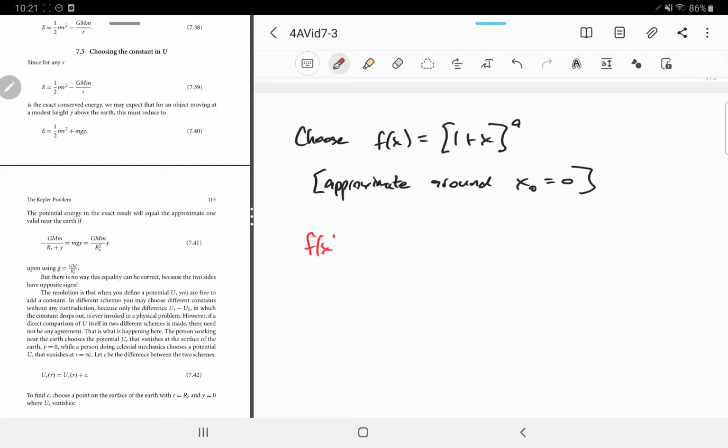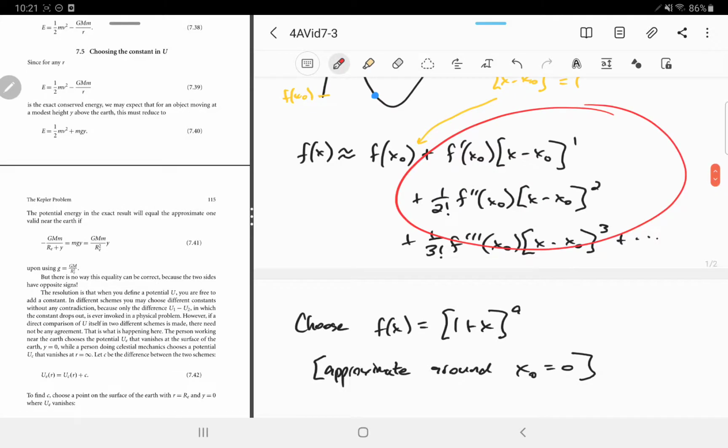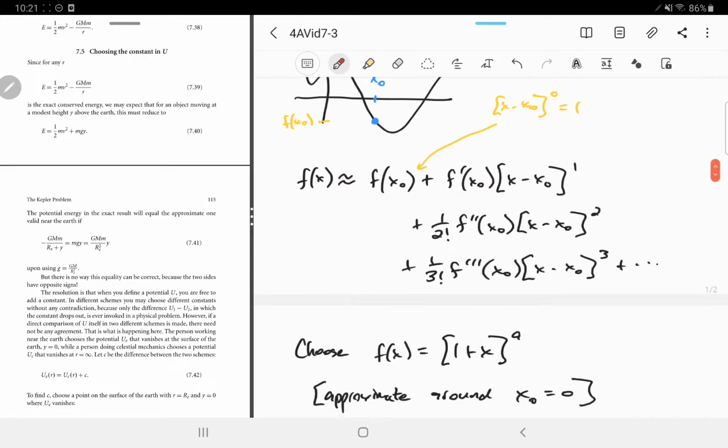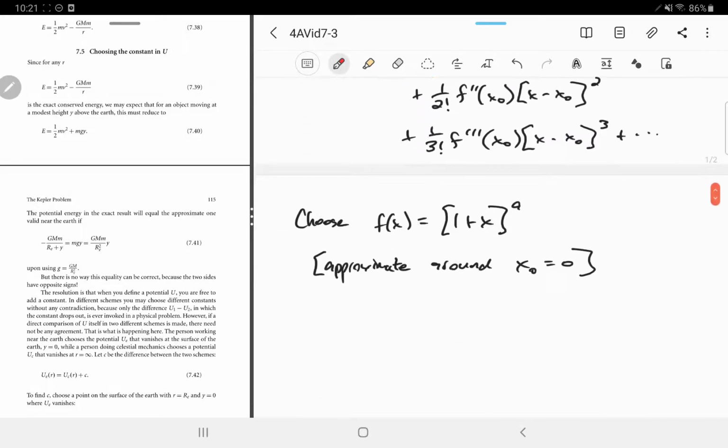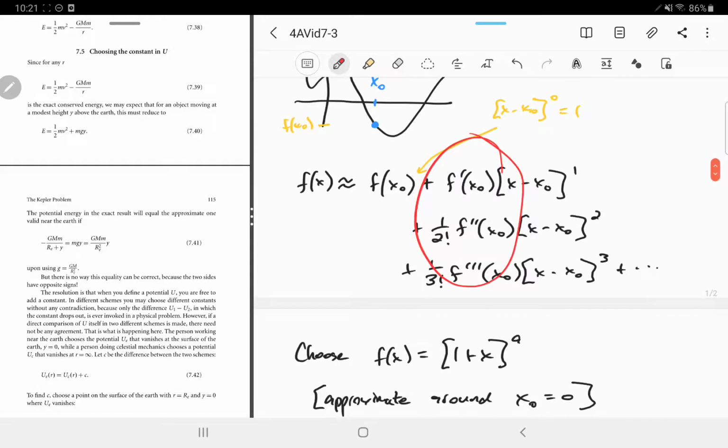So f of x is approximately equal to f of 0. So actually maybe what we want to do, before we plug it into this formula, we need to evaluate the derivatives. So we need f prime of x, and then we have to plug in x naught, right? See how these right here involve first derivative, second derivative, evaluated at the point that we want to expand around.